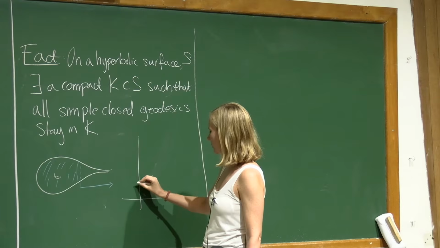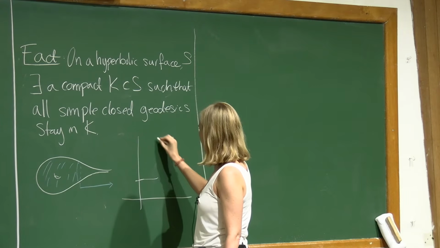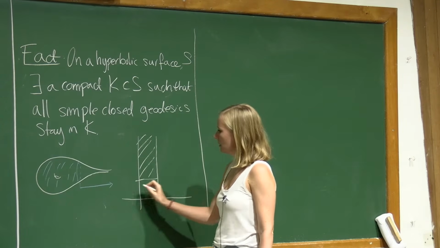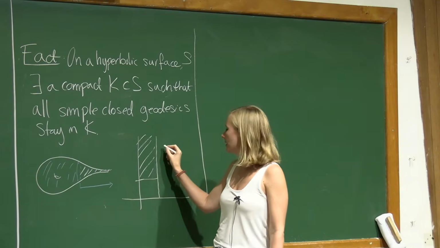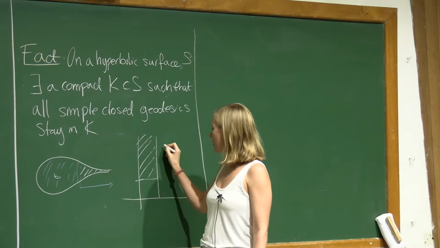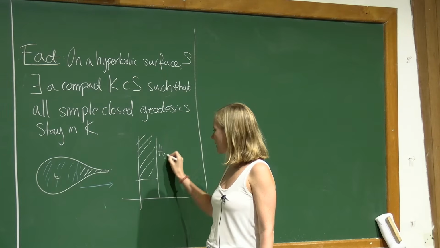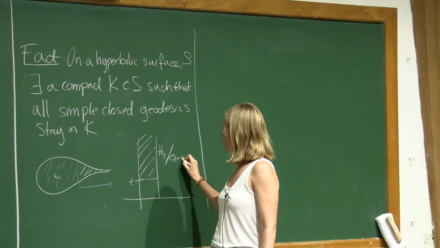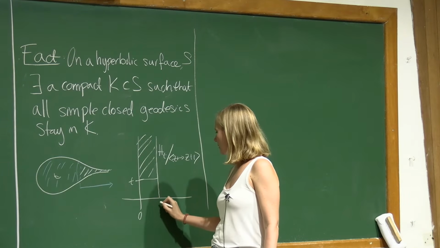So I can lift it, and there's some height here representing where I cut this off. This part here is isometric to the quotient, maybe H_t, where t is the height, modded out by z goes to z plus 1. We normalize this, so this is 0, this is 1.